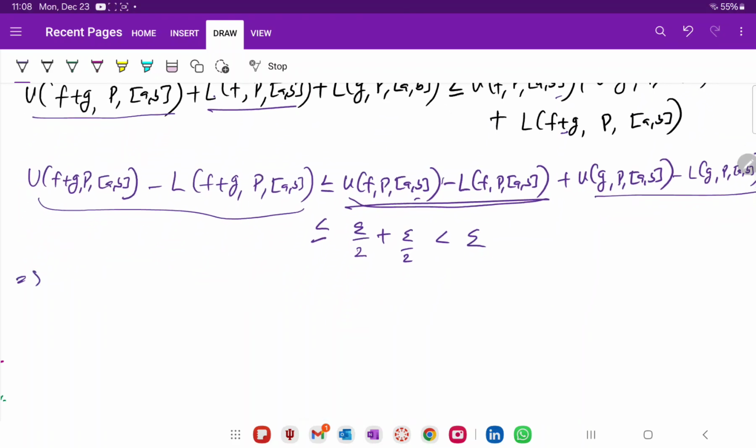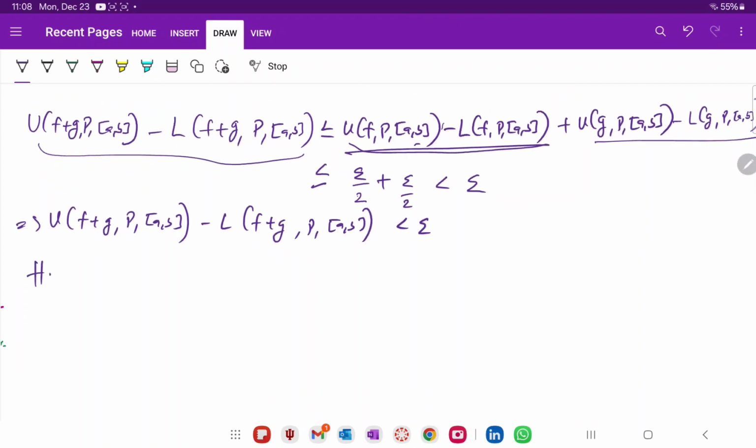So that implies that U of F plus G on A comma B minus this is less than epsilon. Hence F plus G is Riemann integrable. That is cool.